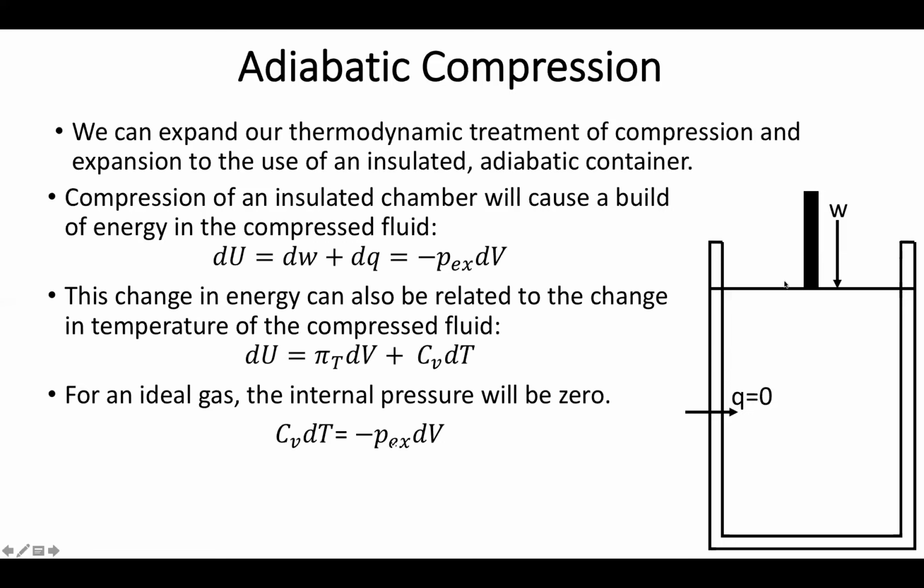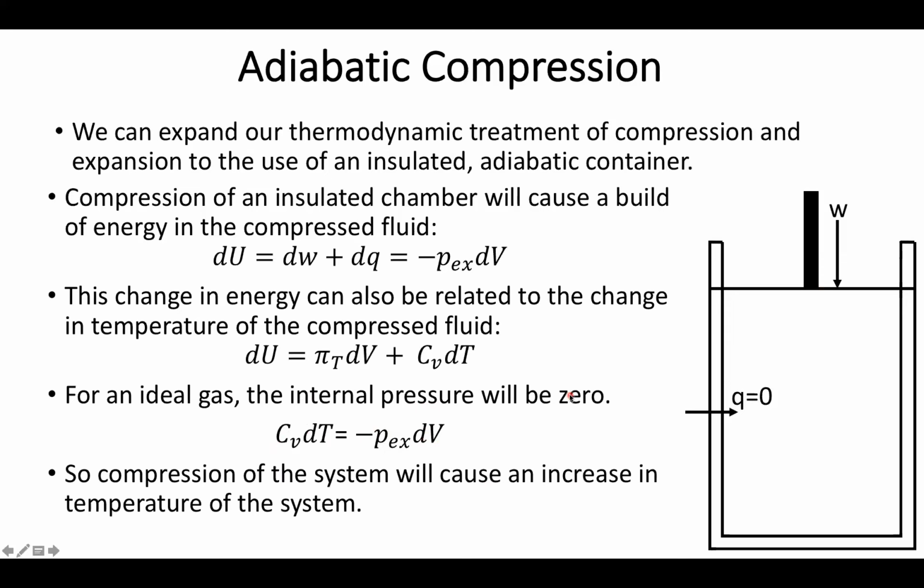If I compress the system, I'm going to have a negative change in volume with a positive pressure. So this means that this whole term should be positive: negative, positive, negative. My heat capacity is positive, and that means that my change in temperature is positive.